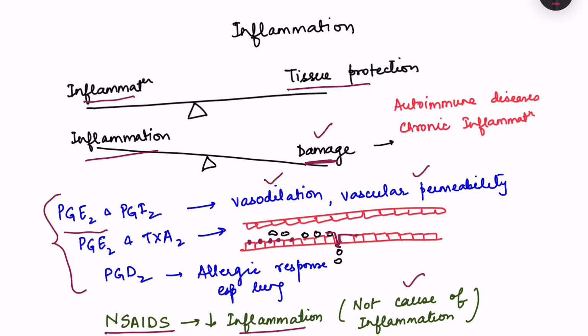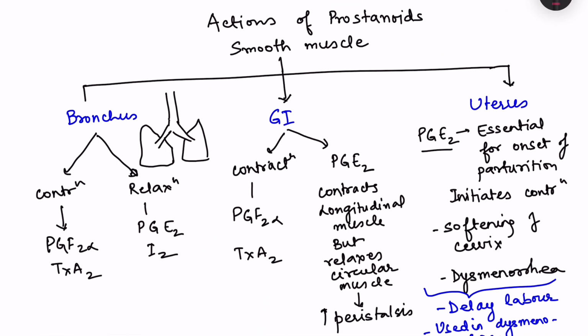So after this, we'll just finish by looking into some more actions of the prostaglandins. Again, we have dealt with this in the previous video, so I'm not going to talk in detail. Just small things we will touch, because that is important when we talk about the actions or uses of NSAIDs. So in the uterus, we have seen that prostaglandin E2 is essential for onset of parturition. So if this is blocked, what will happen? The onset of parturition will not occur.